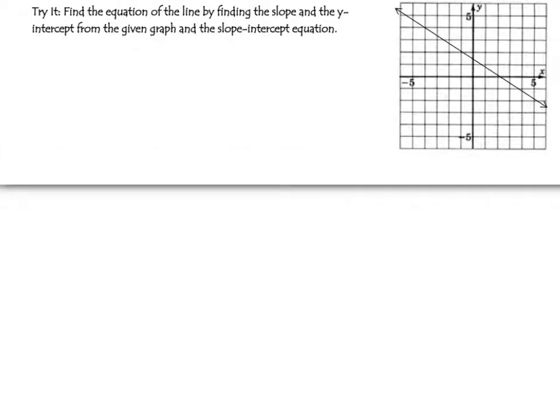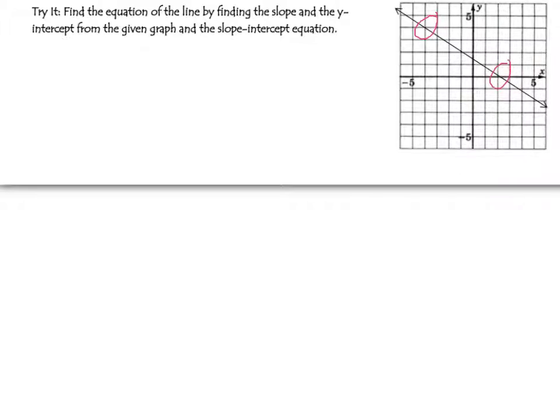My first step is to look at the line on the graph and see where it crosses a point, where the graphs intersect. So I'm going to choose this point, and I'm going to choose this point.